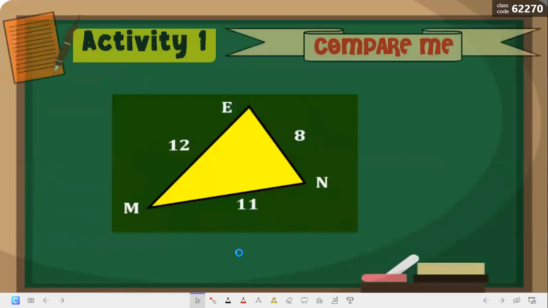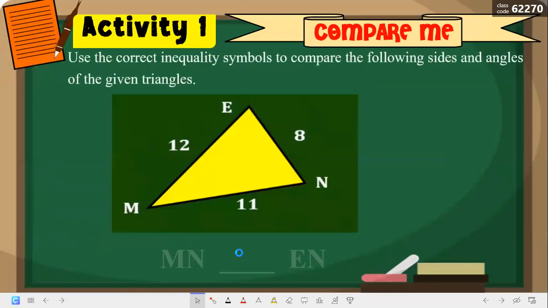For this activity, we call activity number 1 "Compare Me". What we're going to do is use the correct inequality symbols to compare the following sides and angles of the given triangle.